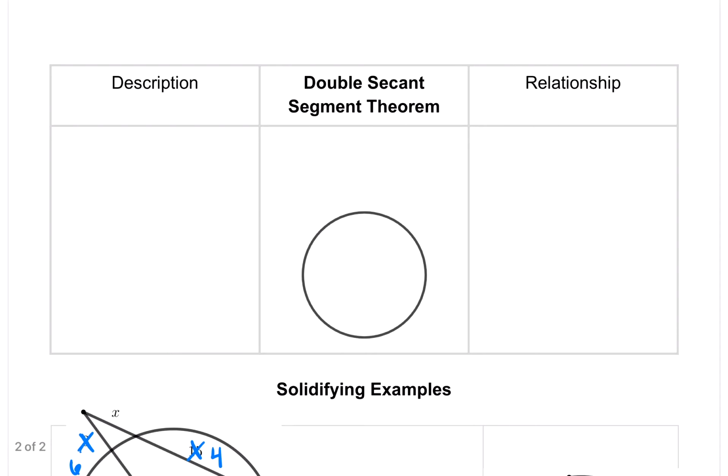On this next one, this is the double secant segment theorem. Actually, it says that. I don't think it's supposed to say that. No, and for some reason it doesn't say that on here either. This is not supposed to say that. In your notes, it says this, but it should say the secant tangent theorem, okay? Secant tangent theorem. So let's erase this. If you have whiteout, it'd be best.